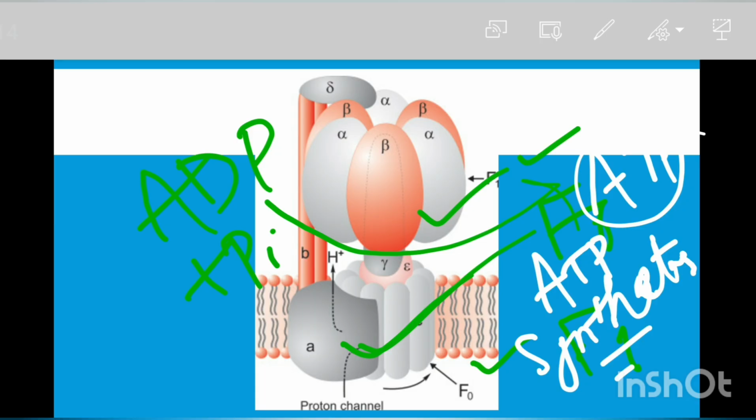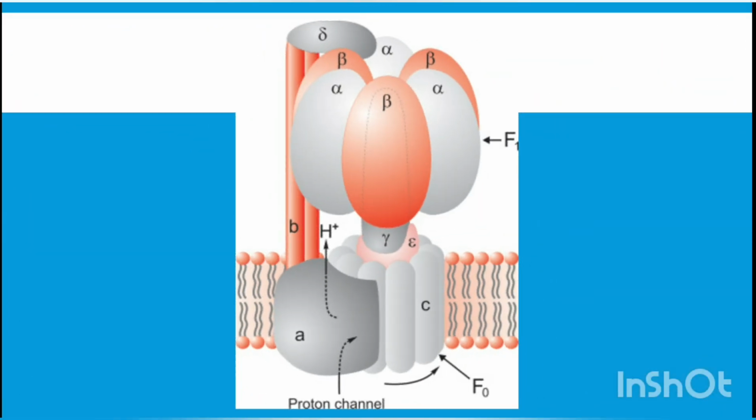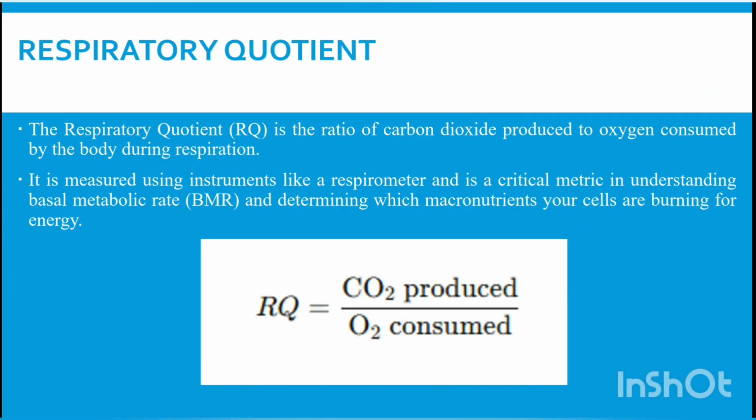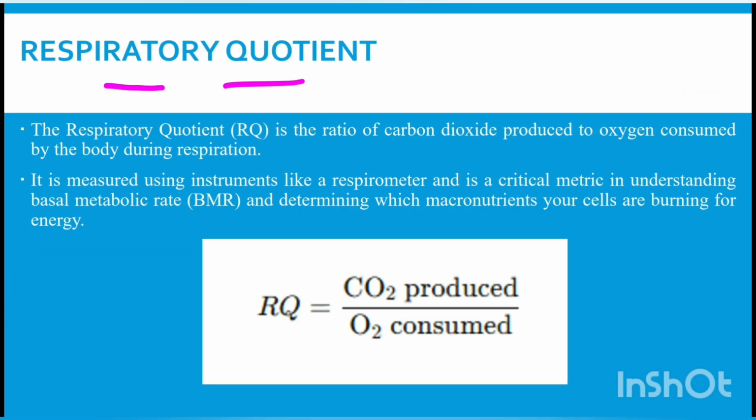After that, we have to remember certain things, like what is the respiratory quotient, RQ. You know about respiratory substrates, that means different types of organic molecules which can be broken down during respiration to make simpler substances. Respiratory quotient is the ratio of carbon dioxide produced to oxygen consumed.